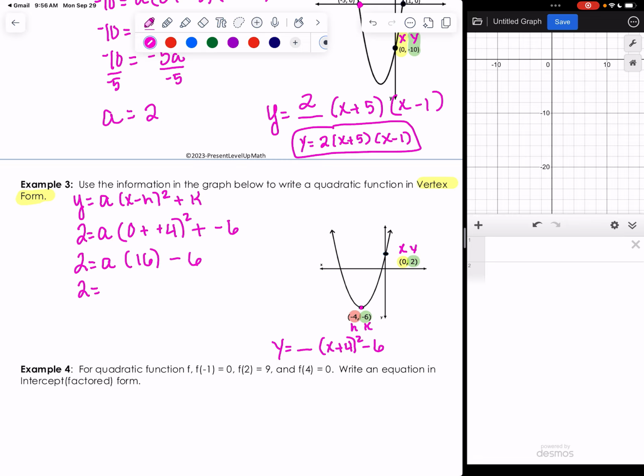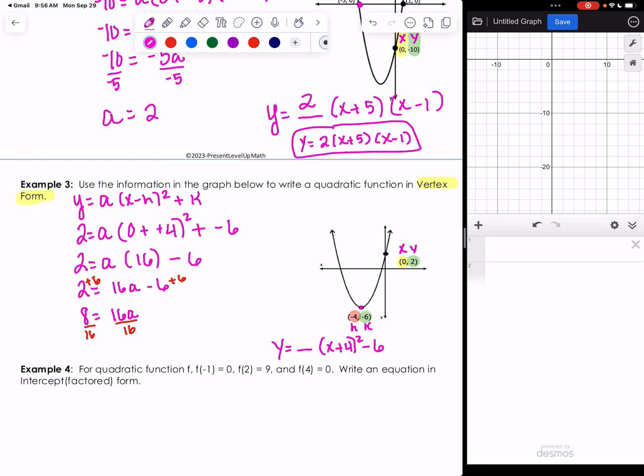So 2 is equal to 16a minus 6. And now I just want to solve for a. So I'm going to add 6 to both sides. So that would be 8 equals 16a. And then I'm going to divide both sides by 16 to find the value of a.